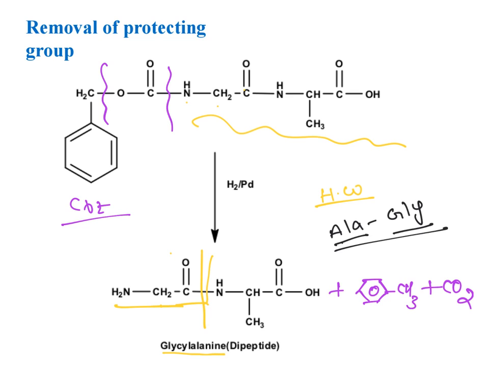So first you have to take alanine and protect it with CBZ to make carbobenzoxy alanine. After that you make it an acid chloride and react with glycine, and you get the protected form of alanyl glycine, which on hydrogenation, hydrogen in the presence of palladium or platinum, will end up as alanyl glycine. This is about the synthesis of peptides using the Bergmann synthesis method.